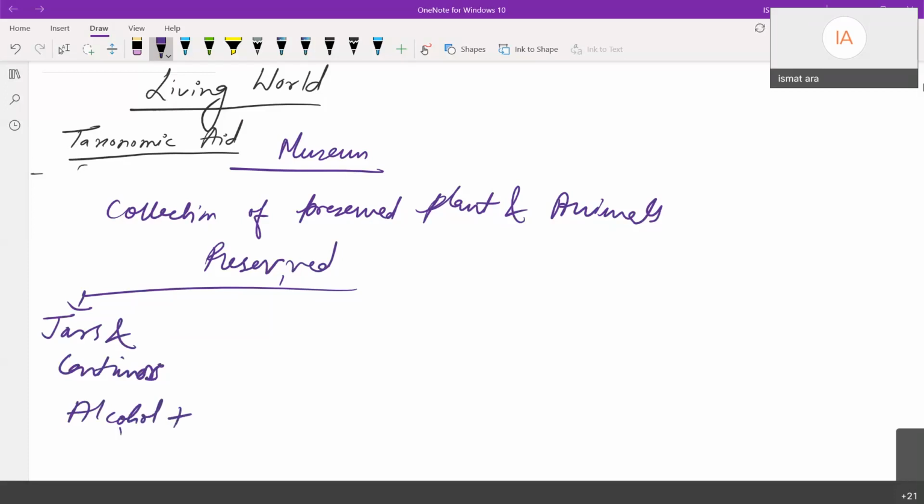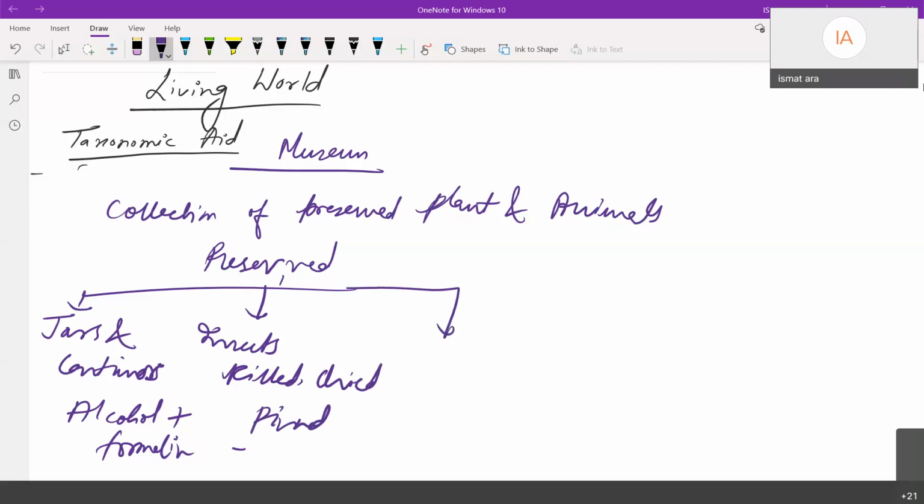Alcohol plus formalin. Sometimes what happens? Insects are killed. They are dried. They are pinned. Pin means you will give the pin.